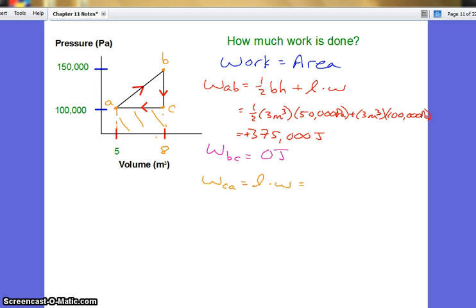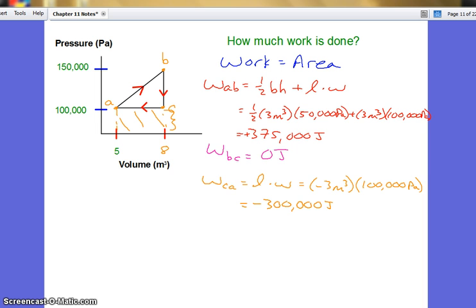And so our length is negative 3 cubic meters, and our width is again 100,000 pascals. And so the work done from C to A is negative 300,000 joules.